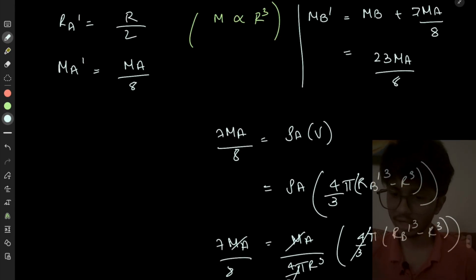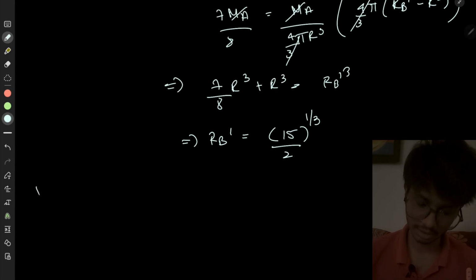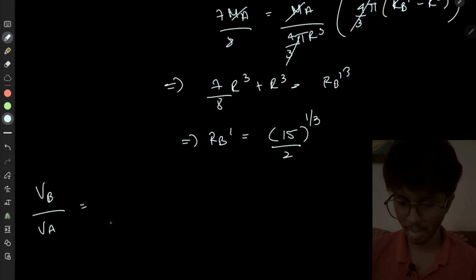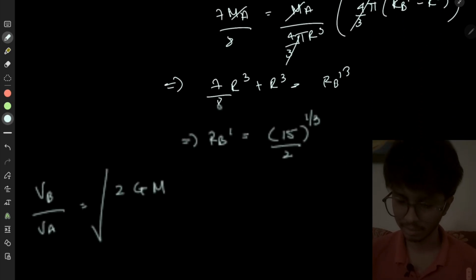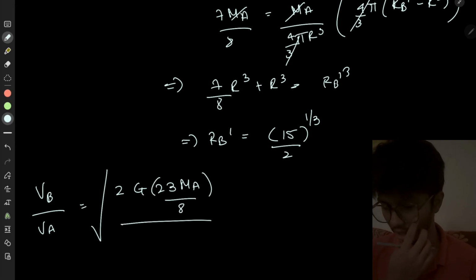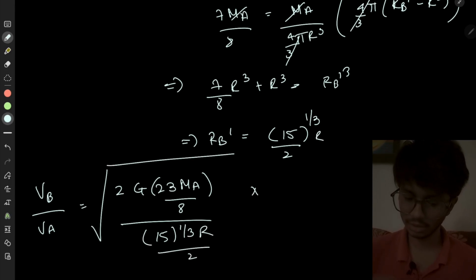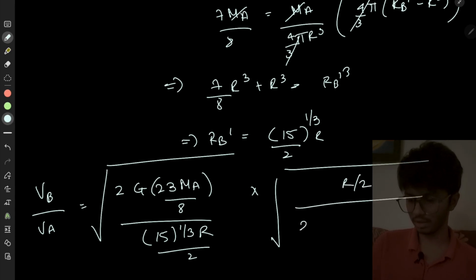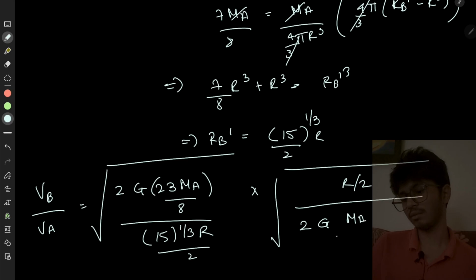Okay, so we have MA dash, RA dash, MB dash and RB dash. Now we should calculate the escape velocity ratio VB upon VA, that would be equal to root 2G MB dash, that is 23 MA by 8, upon RB dash, that is 15 upon 8 to the power 1 by 3 R by 2, divided by the escape velocity of VA, that would be root 2G MA by 8 upon R by 2.